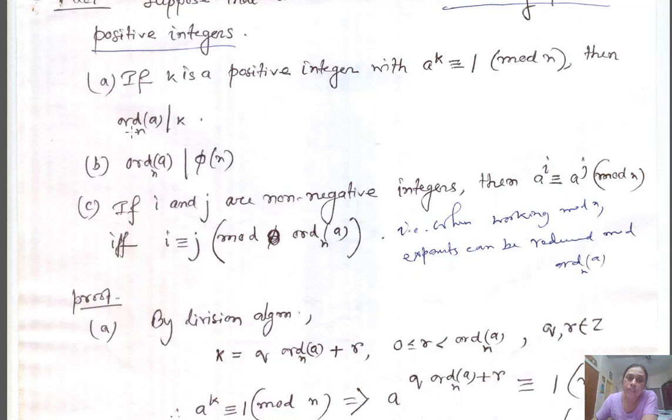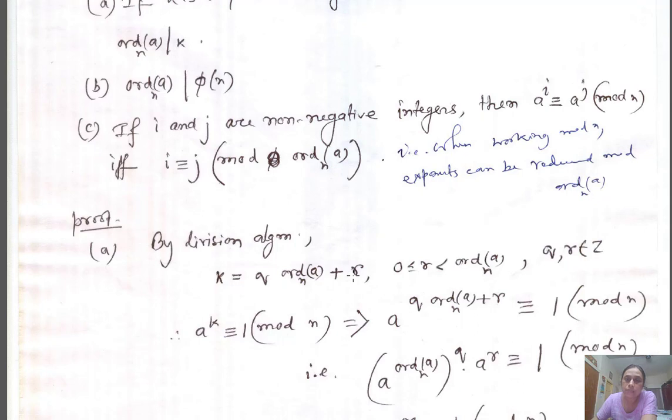When I divide k by order of a modulo n, there must be some remainder. So r is the remainder, q is the quotient. This remainder lies within this range: 0 less than or equal to r and less than order of a modulo n, by which we are dividing k. Okay, the q and r are integers.